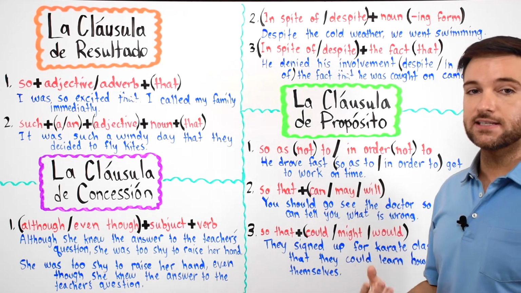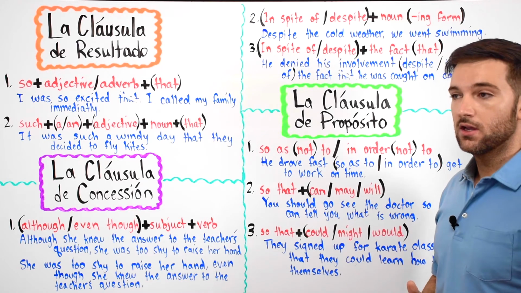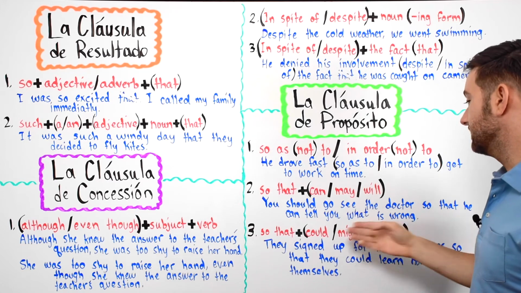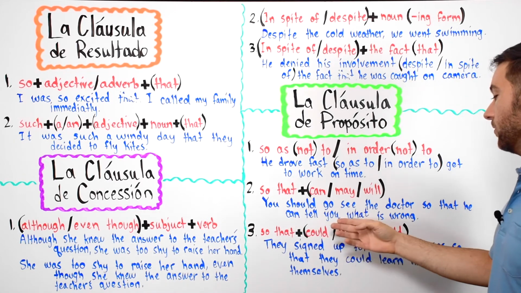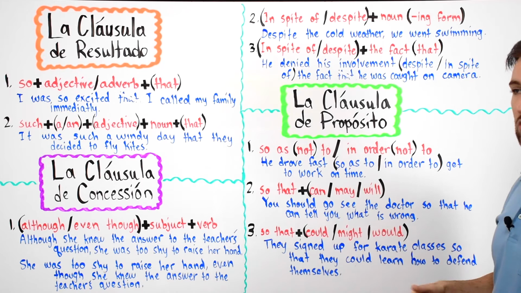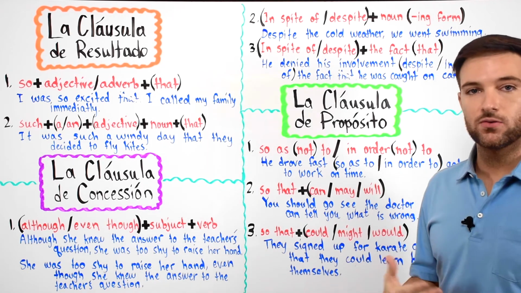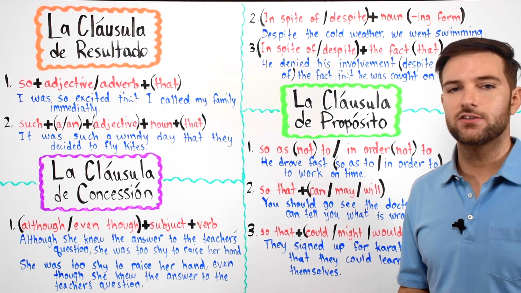Okay, so deberías ir a ver al doctor para que pueda decirte qué pasa. So that he can tell you what is wrong or what is happening. Okay, like, ¿qué te pasa? What is wrong? What is happening to you?